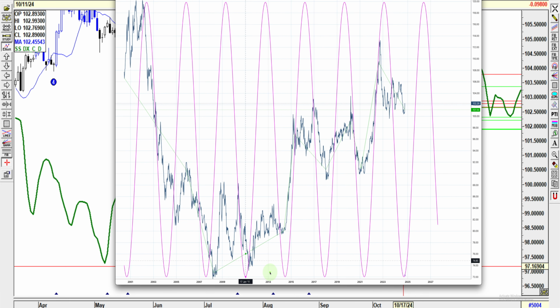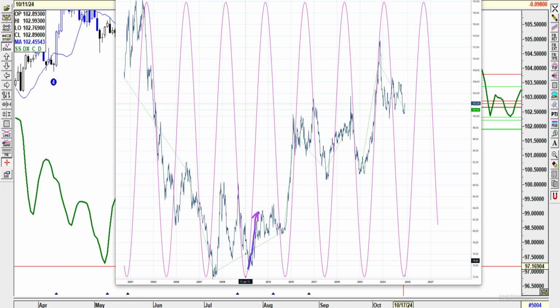Example number 3. Here's the 2007 trough cycle low. And you can see that we got this nice rally, which it looks like is playing out right here. And then a slam down. So this has happened already 3 times as of now.